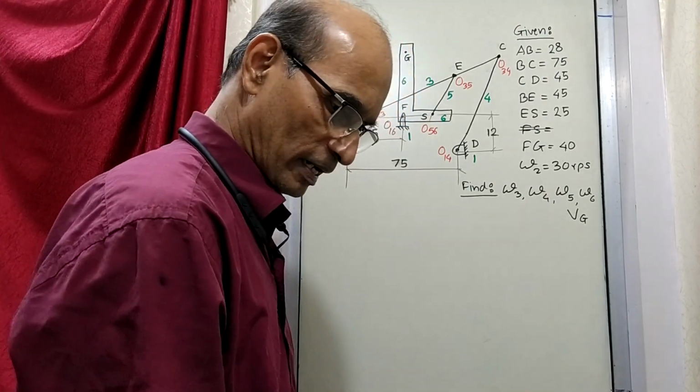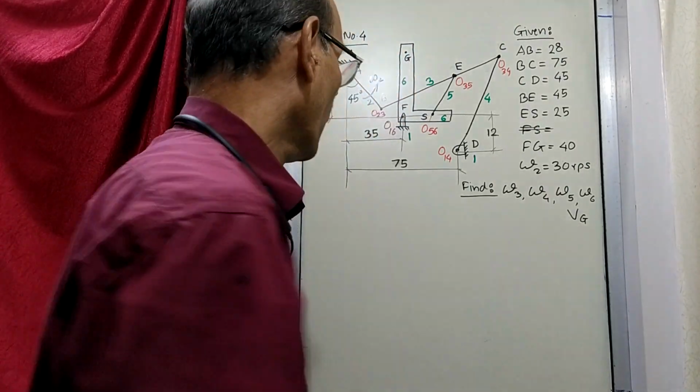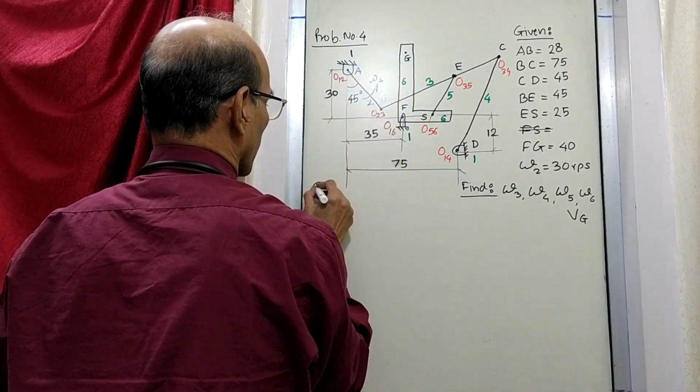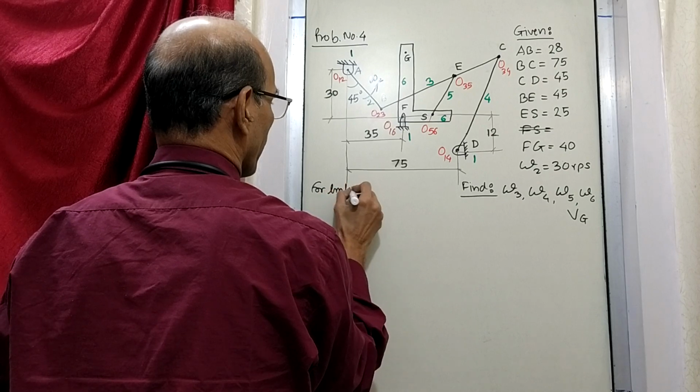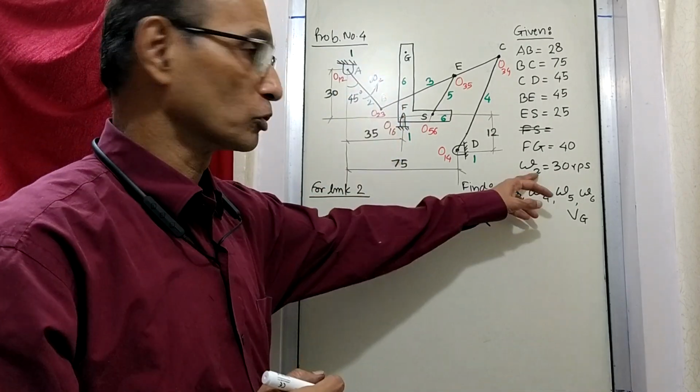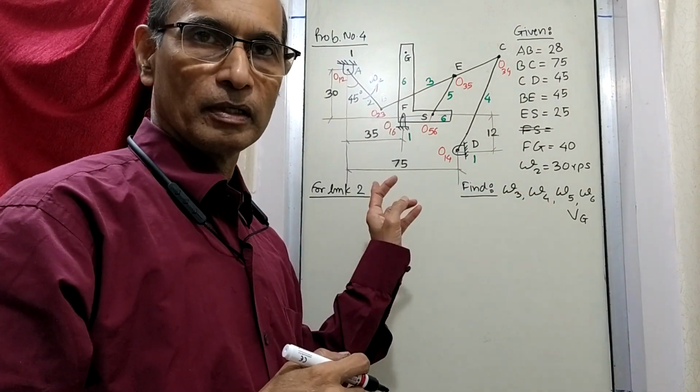Now let's go further ahead and start the work from link number 2. Considering the link number 2, because omega 2 is given, that's why we start with link number 2.